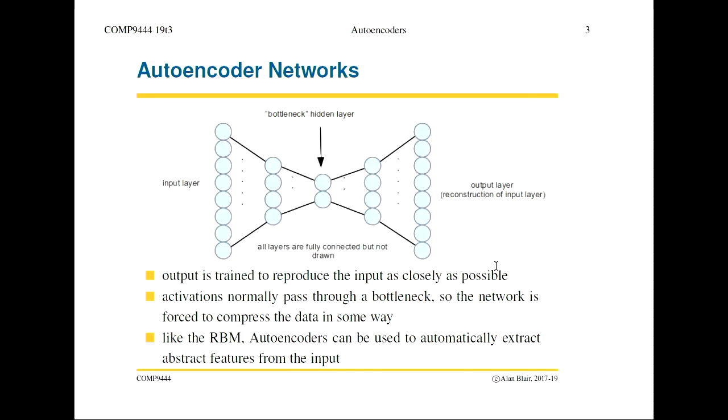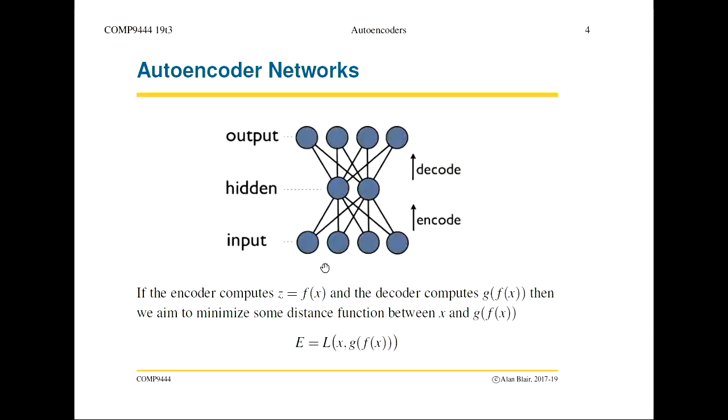But the idea here is that by learning to reproduce the input, it will somehow extract out useful features, and then those features can be used for other tasks. Okay? So we have an input, a hidden layer, and an output. We call this an encoder, and we call this a decoder.